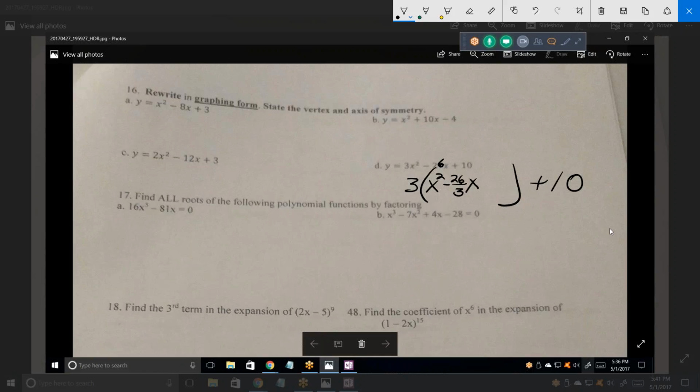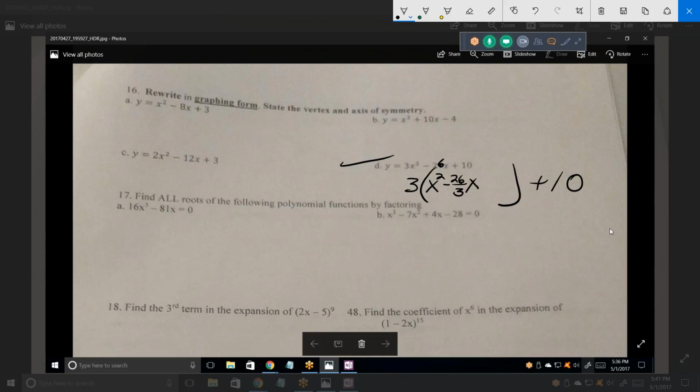What I'm trying to say is that even if this coefficient were 26, I would still have to factor the 3 out, like I've done. In other words, what I have written is exactly what I've written there. It's the same equation.